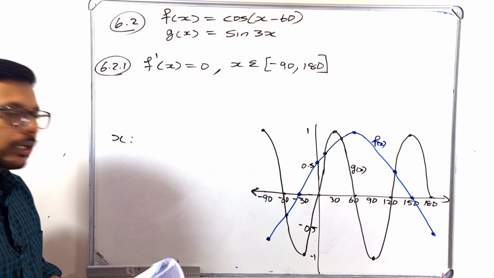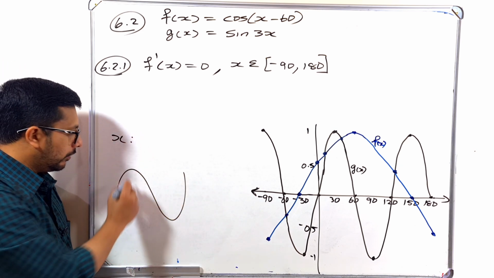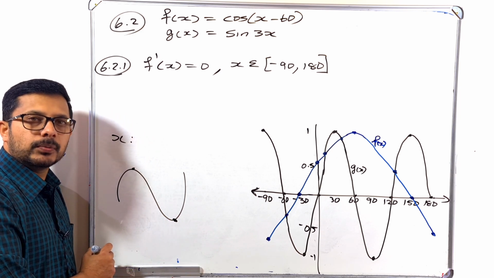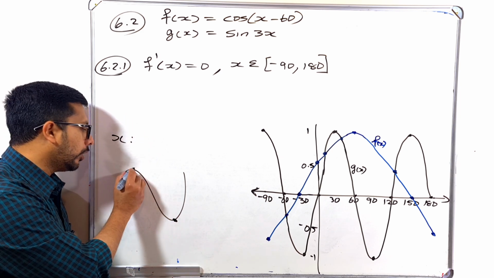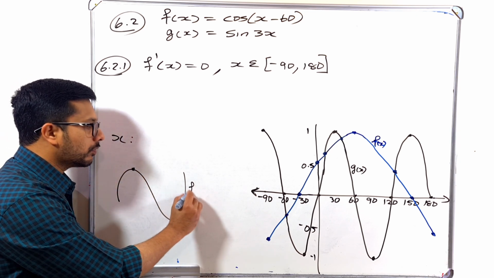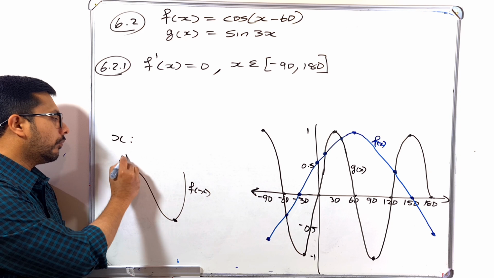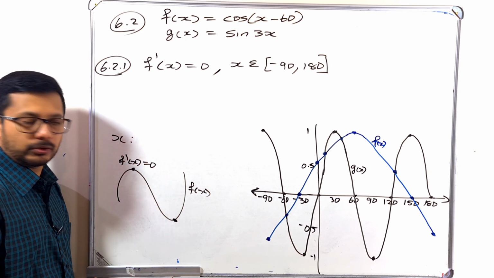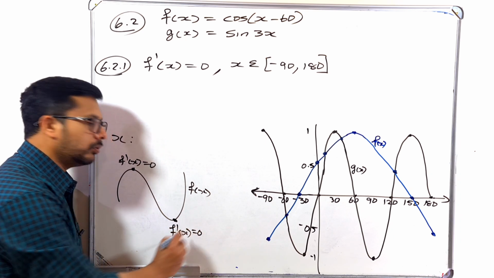Do you remember in calculus if you draw a cubic function like this, what is the name of these two points? Maximum point, minimum point, or turning points. And at the turning points, what you studied is that the first derivative is equal to 0. You remember that one. Similarly here also the first derivative is equal to 0.